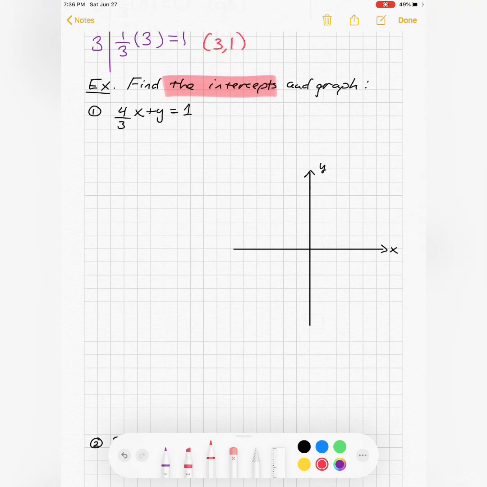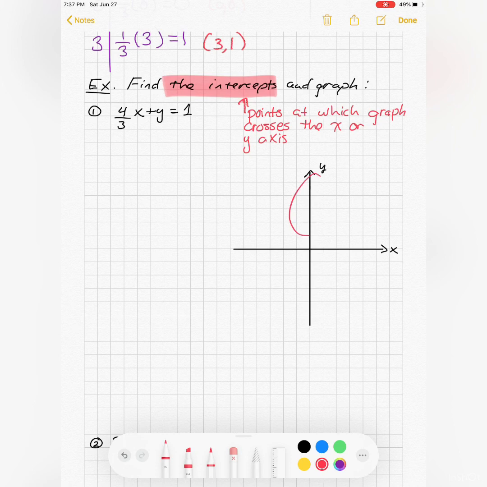So the intercepts, let's say it this way actually. Let's say the intercepts are the points at which the graph crosses the x or y axis.